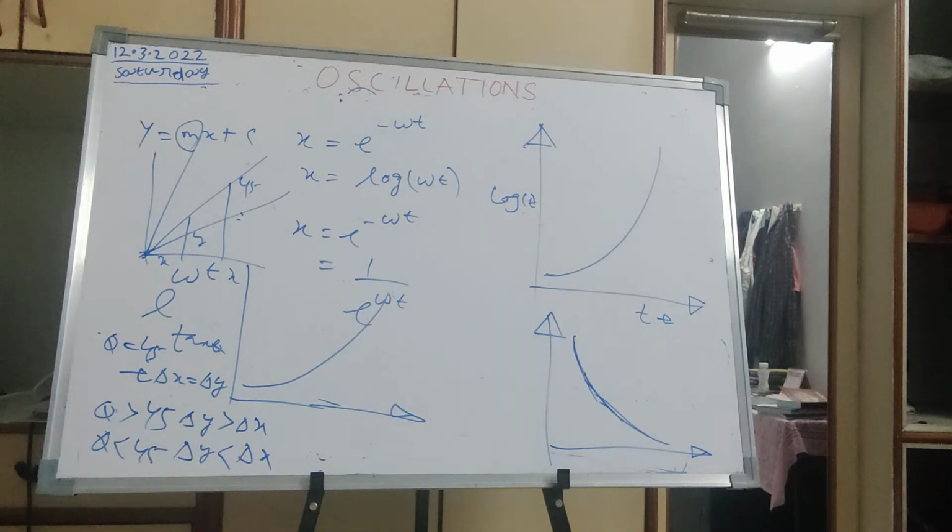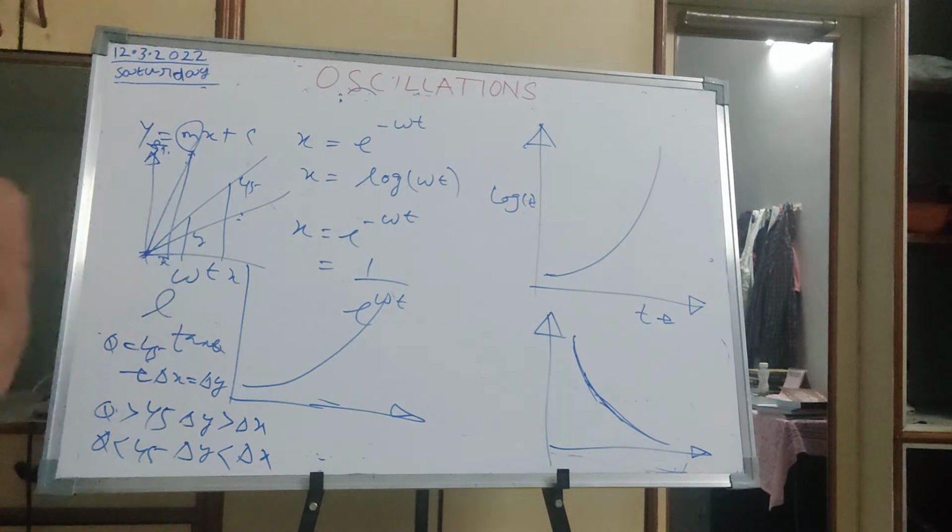Clear? So when we say that slope is 90 degrees, what does that mean? That means it's a completely vertical line. Suppose it is 89.9 degrees, then for very little increment in x, the increment in y will be huge.